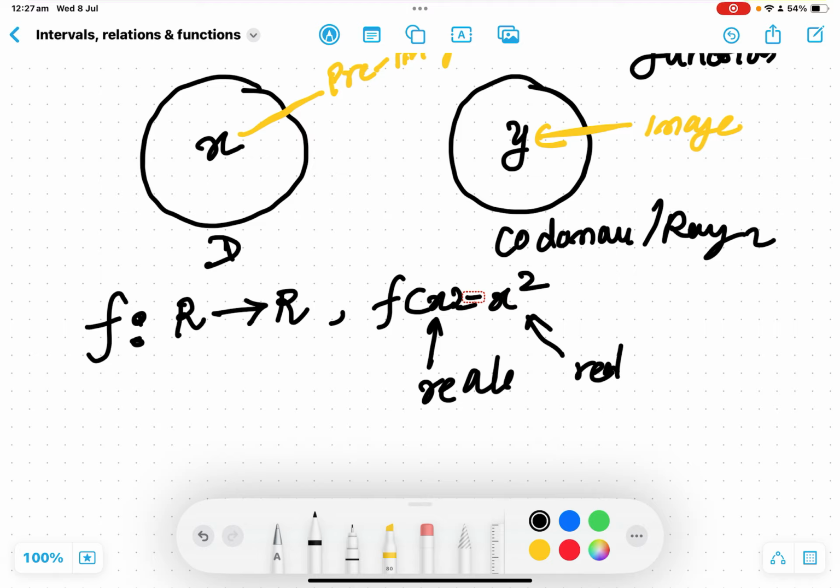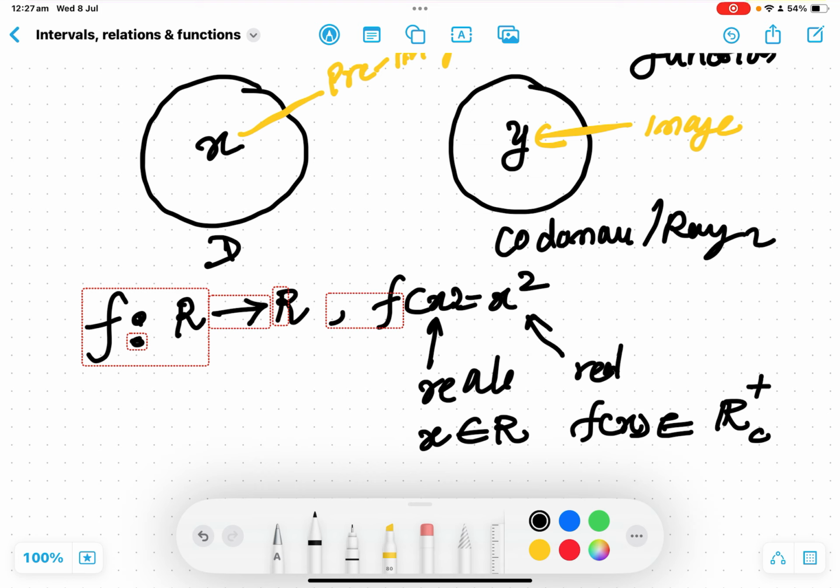In actual sense, we can say x is a real number and f of x belongs to positive real numbers including 0.